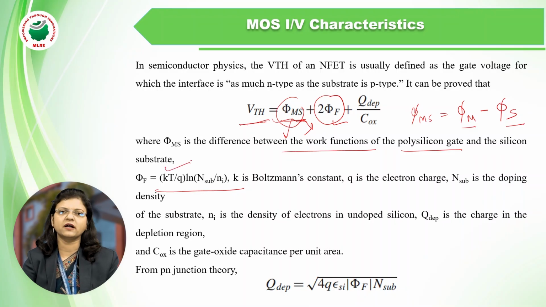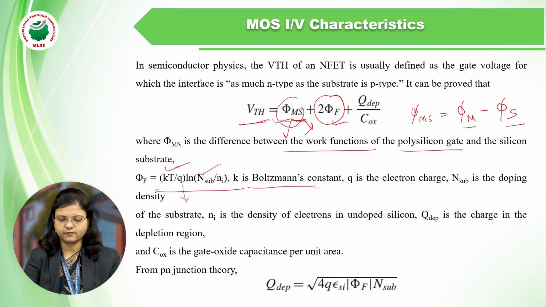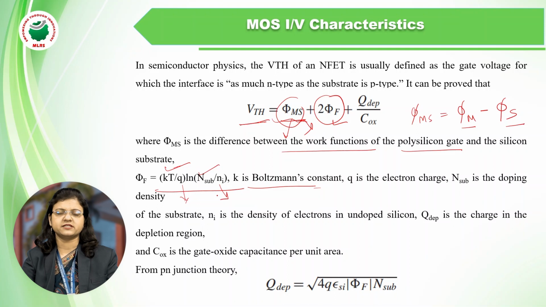As third year students, you are well aware of the constants: k is the Boltzmann constant, T stands for temperature, q is the charge, N sub is the doping density of the substrate, and ni is the density of electrons in undoped silicon, or the intrinsic semiconductor.